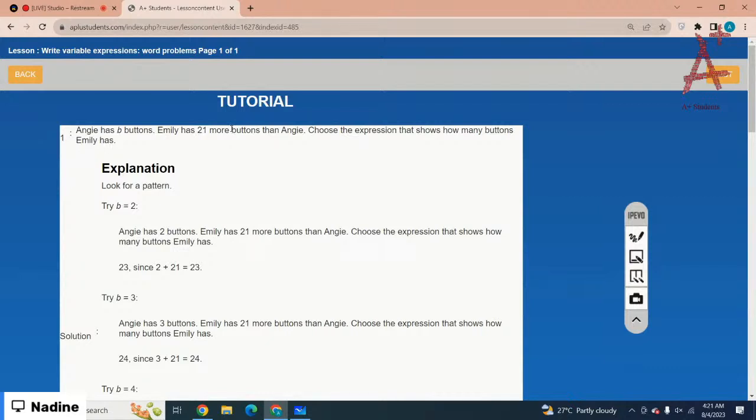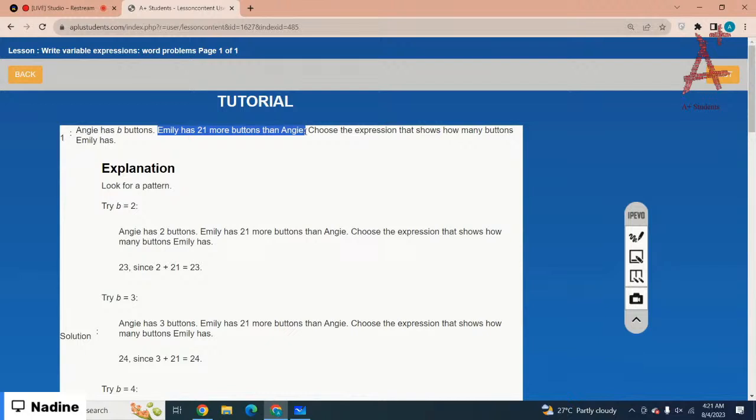That means Emily has B plus 21, right? So that means Ng has B buttons, 21 more means Emily has B plus 21, right?